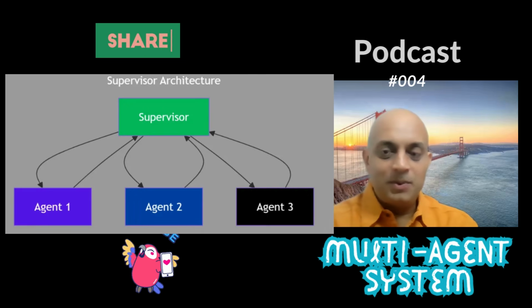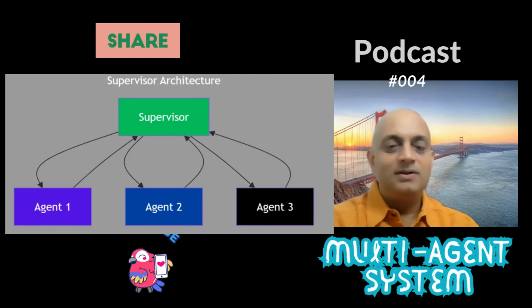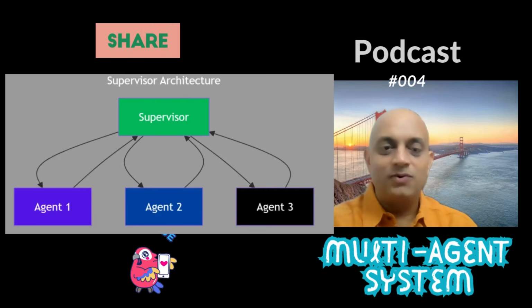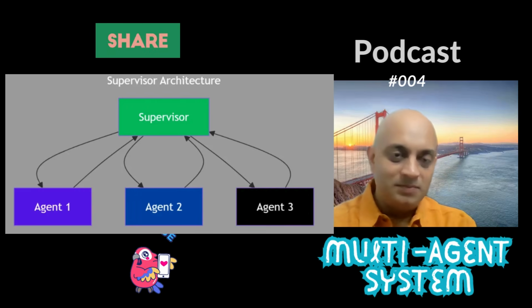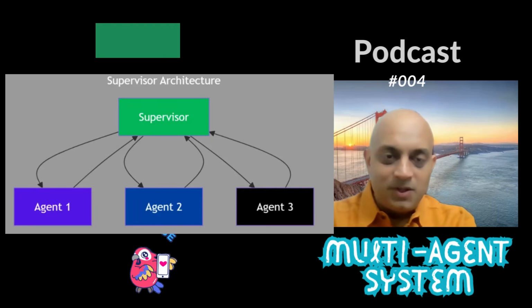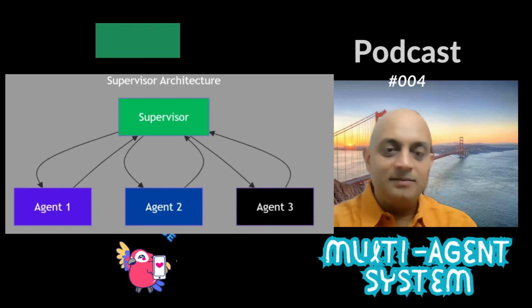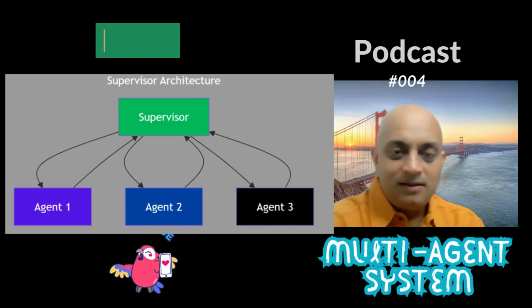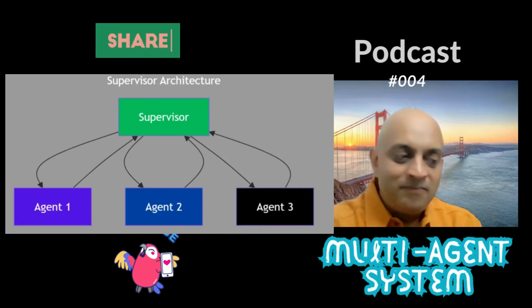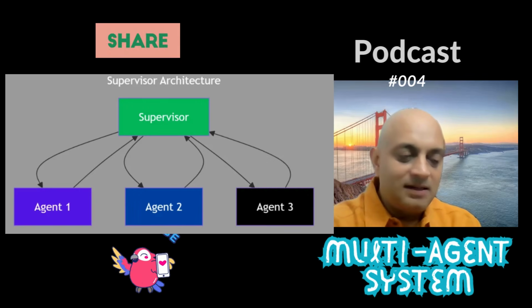It will take the prompt, find out what the task list is and what will be done by whom, and getting back the responses, collating them, and serving them to the caller is the responsibility of the supervisor. So this is the supervisor architecture.